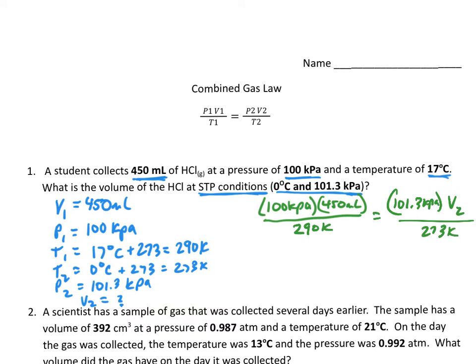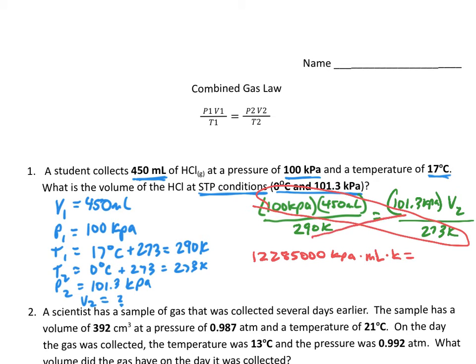All right, so now I'm not sure how your math teachers are instructing you to calculate this. I like to cross multiply and divide, so we're just going to take 100 times 450 times 273, and we get a big number, 12,285,000, and the unit, I'm just going to show you the units here, kPa times milliliter, and then we times it by K. And we're going to set that equal to, on the right-hand side, the other cross multiply.